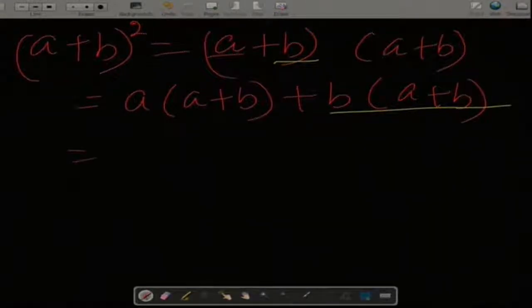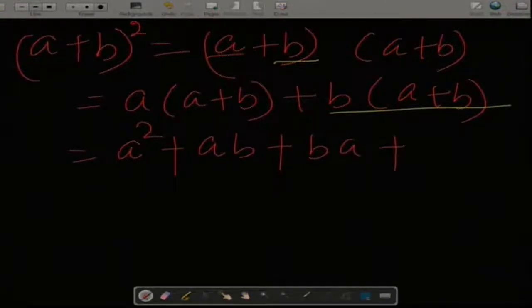Now I can write a into a, which is a square, plus a into b, that is ab, plus b into a, that is ba, plus b into b, that is b square.